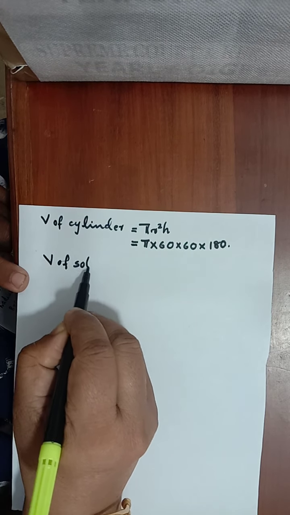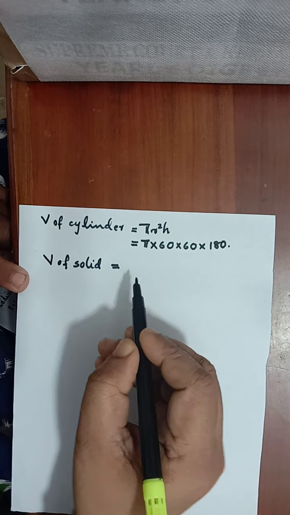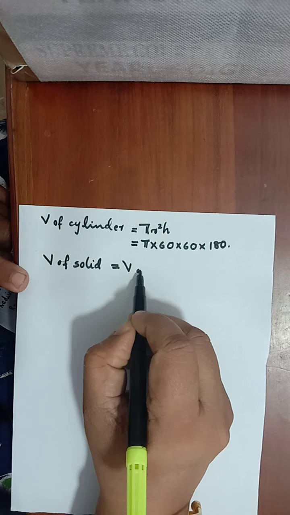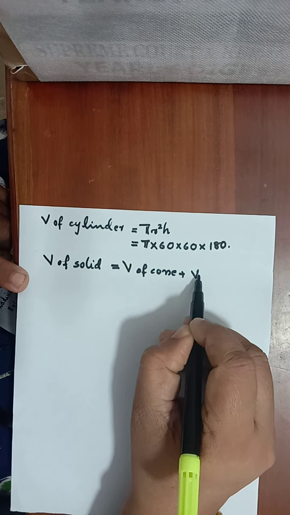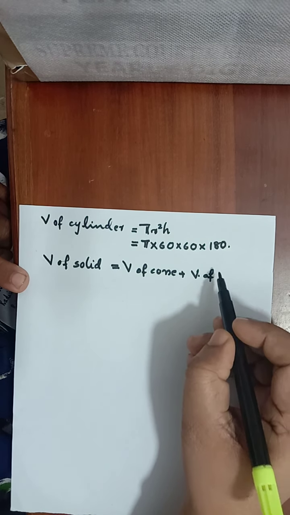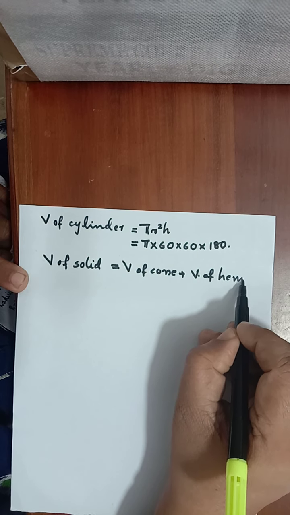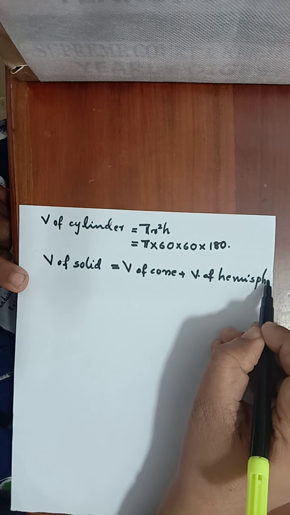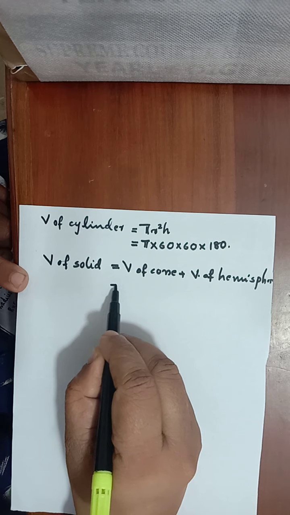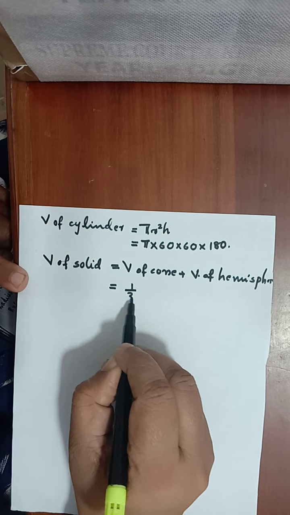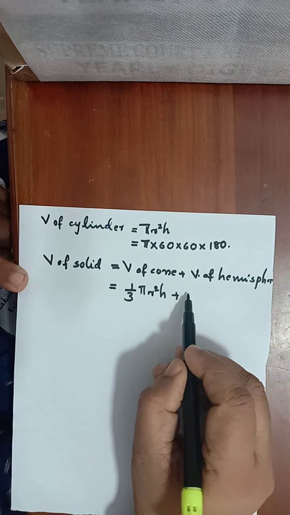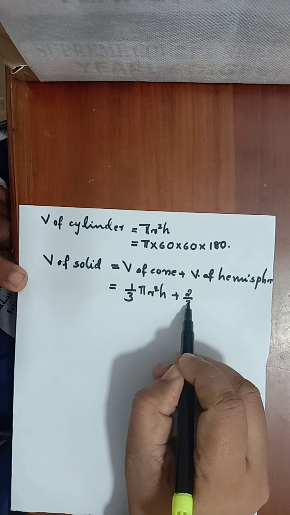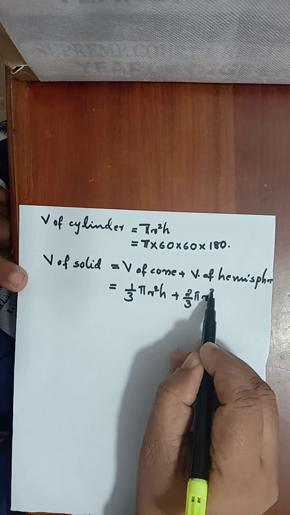Now what is volume of the solid? Volume of solid is equal to volume of cone plus volume of hemisphere. Volume of cone formula is 1 by 3 pi r square h plus volume of hemisphere is 2 by 3 pi r cube.